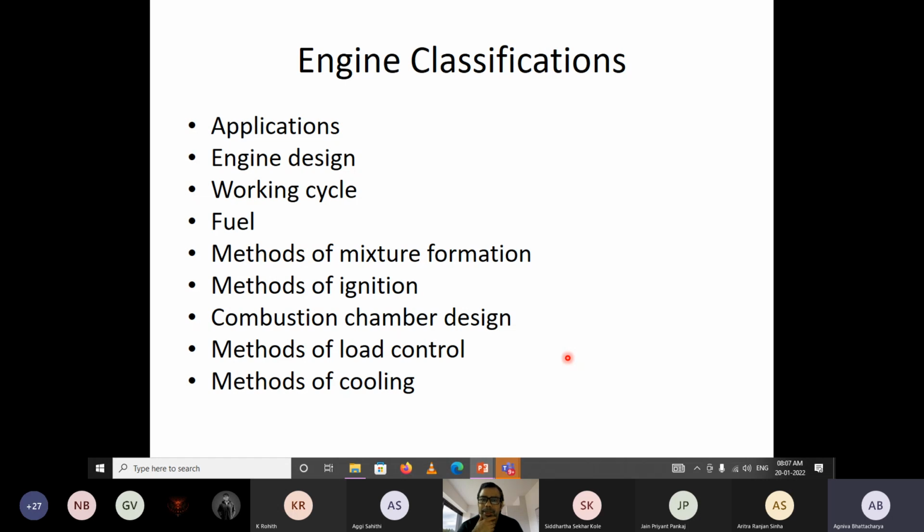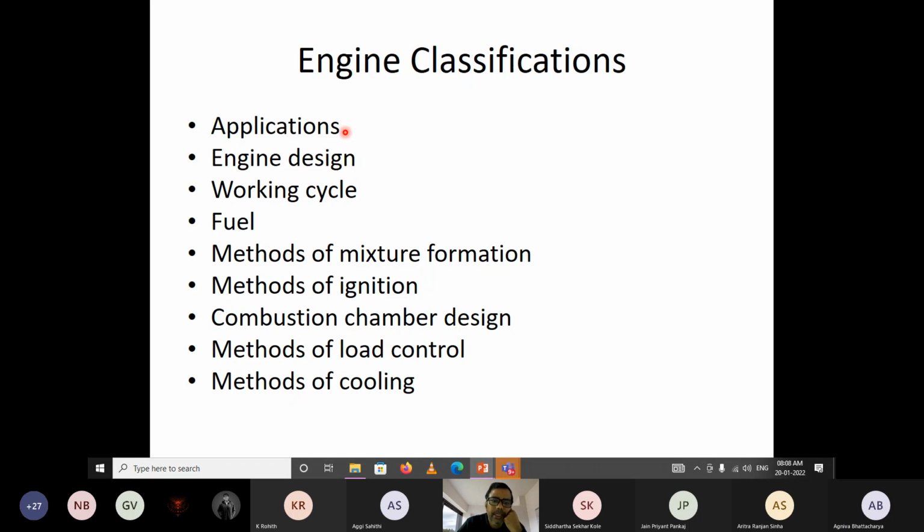We can classify the engine based on several parameters. For example, on the basis of the application of the engine, some engines can be used for automobiles or trucks, or locomotive or marine engines.